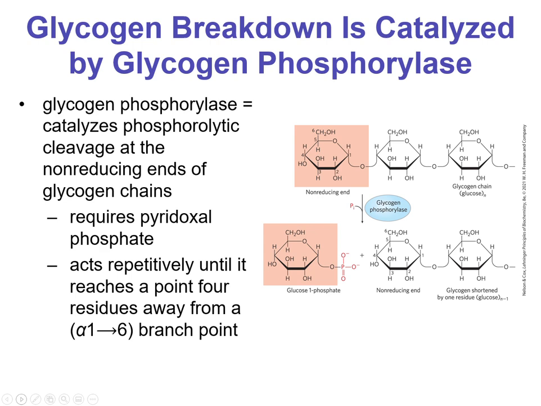You have to use pyridoxal phosphate, and this enzyme is just going to keep chewing away at that glycogen until it reaches a point that is 4 residues away from an alpha-1,6 glycosidic linkage.